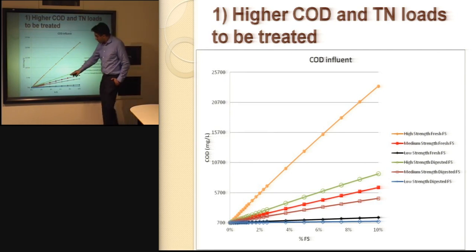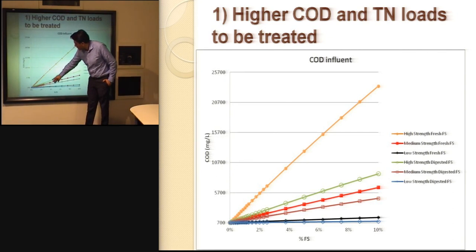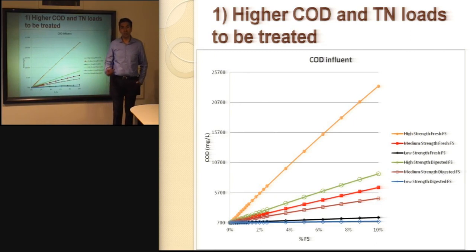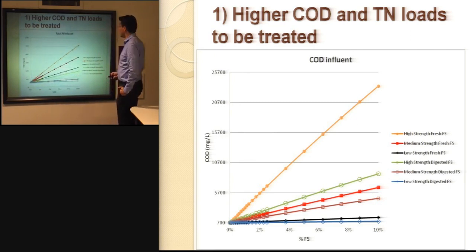But we can see that already with 2 or 4%, the amount of organics that need to be treated will reach easily more than 4,000 or 5,000 milligrams per liter of COD, a considerably higher amount of organics that need to be treated. And there is a similar trend observed if we look at the total nitrogen discharged in the influent of the wastewater treatment plant.